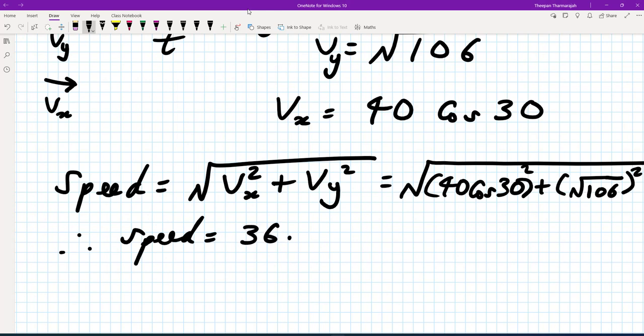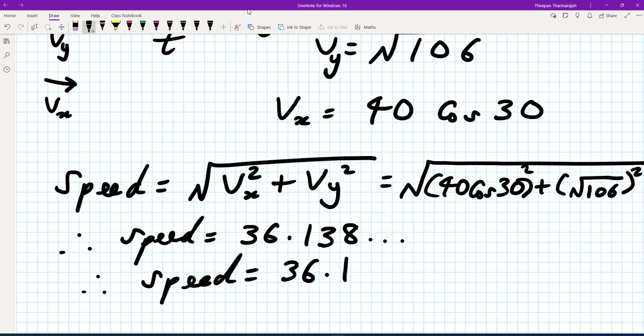So 36.138 and so on. Therefore, the speed required to 3 significant figures is 36.1 meters per second. And that's been rounded to 3 significant figures.